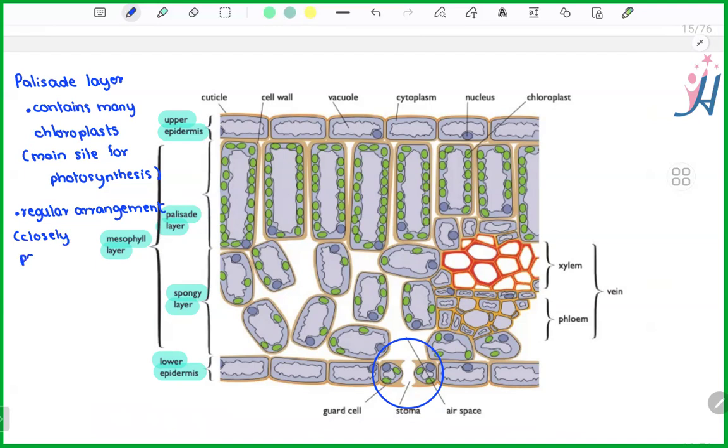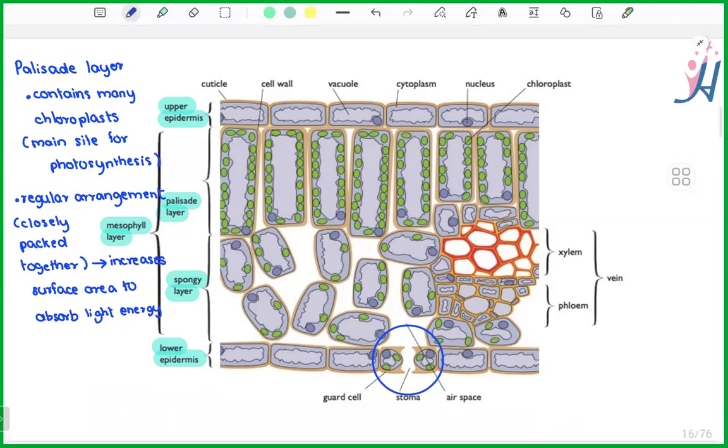This feature increases the surface area to absorb light energy. So this could also be an adaptation of the leaf for photosynthesis. So we have talked about the upper epidermis, lower epidermis, and palisade mesophyll, or palisade layer.